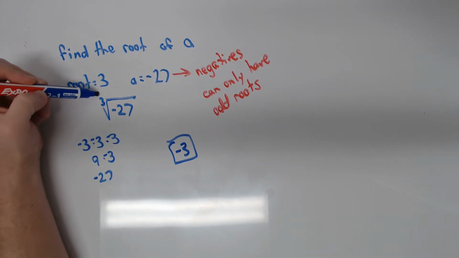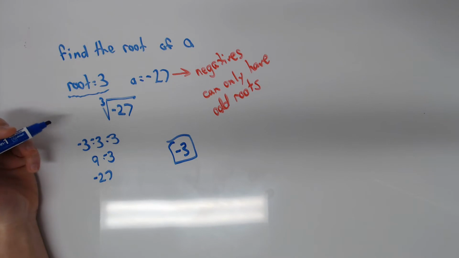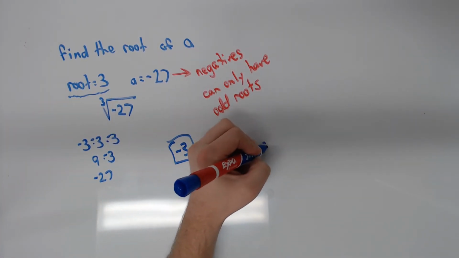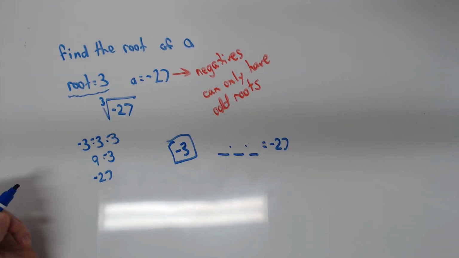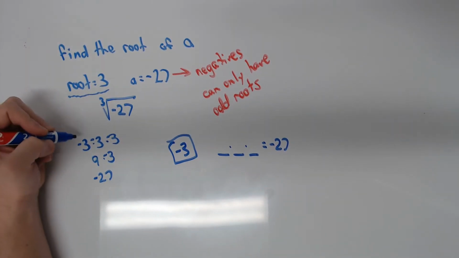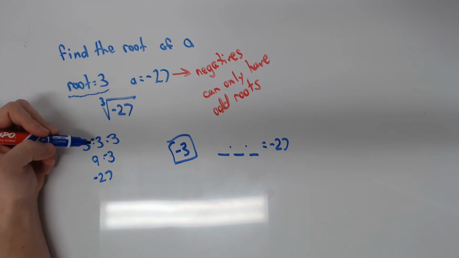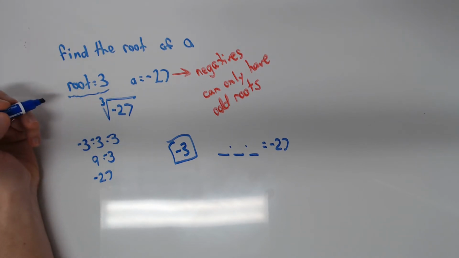This root number here tells us how many times to multiply. So what we needed to do was find something times something times something that equaled negative 27. We tried numbers starting at 1 and worked our way up. You'll find that these ramp up really quick.